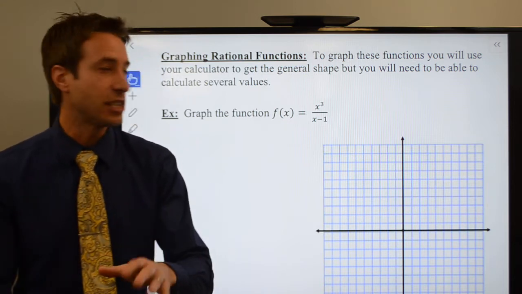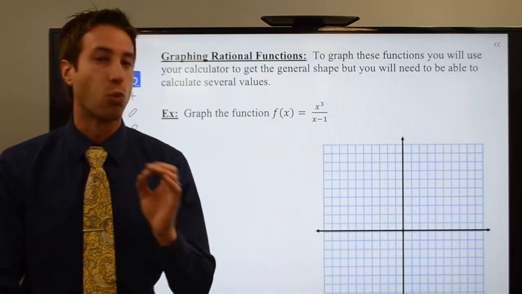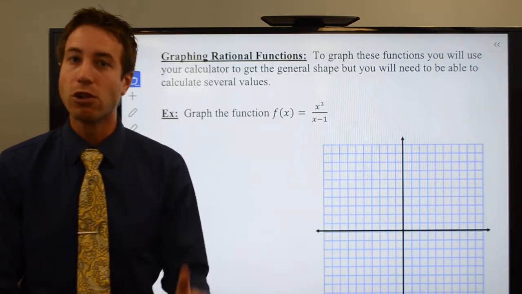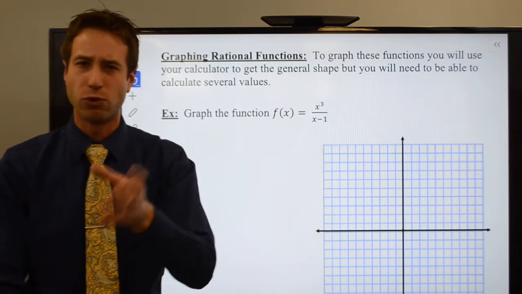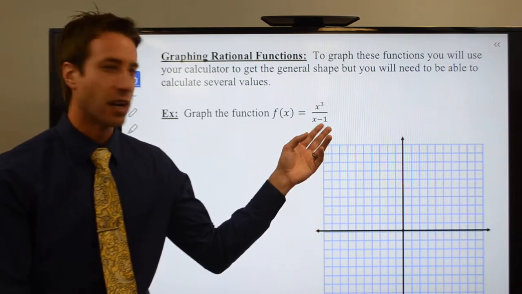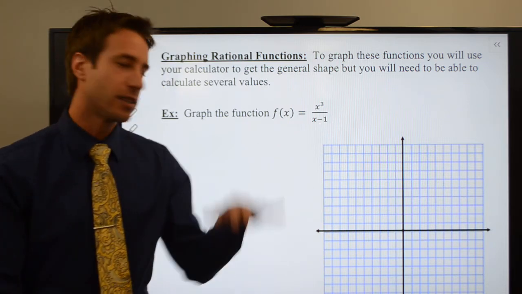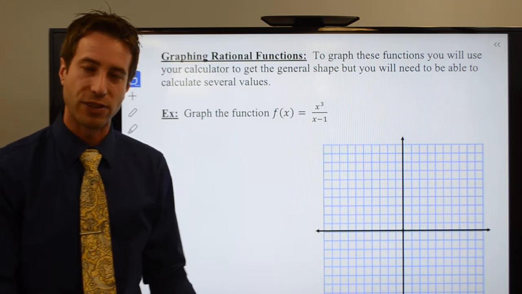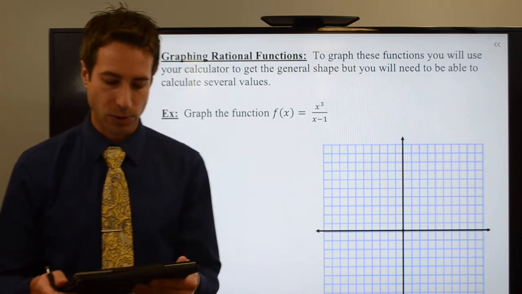Now, if you have a teacher who wants you to be able to use a graphing calculator, fantastic. They're wonderful tools. I love them. And you'll just Google it or refer to your user manual for graphing rational expressions, but it doesn't hurt you to know how to do all of this math as well. So let's go ahead and jump right into these and see how these problems work.